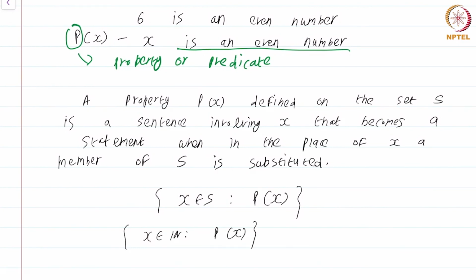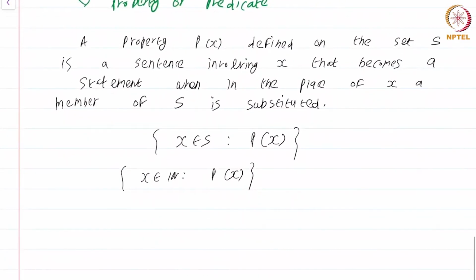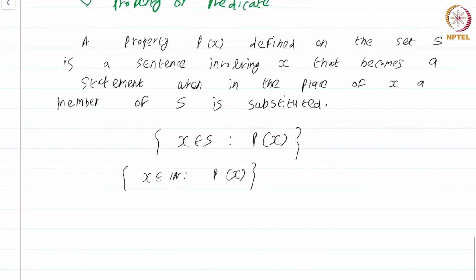Okay, now I said that in mathematics tautologies are usually rare. Let me illustrate now. Having defined what a property is, let P of x be the property that x is an even number. Observe that the statement P of x or negation P of x is a tautology.